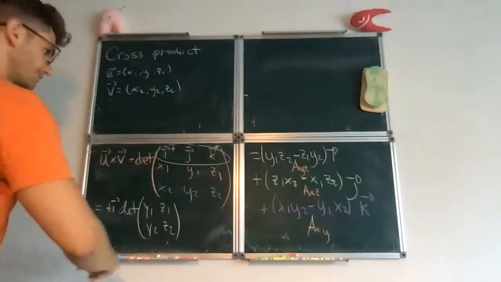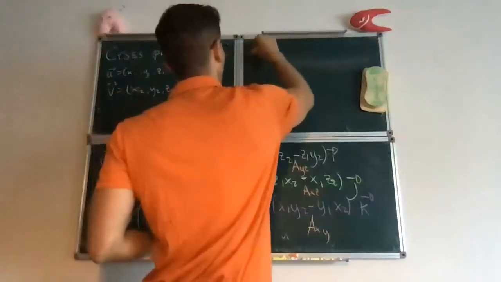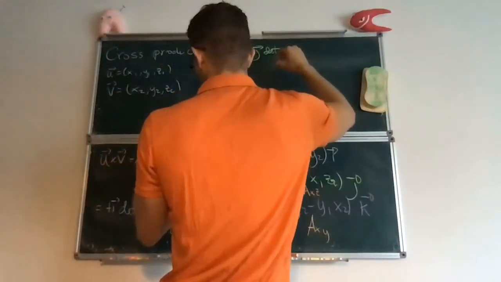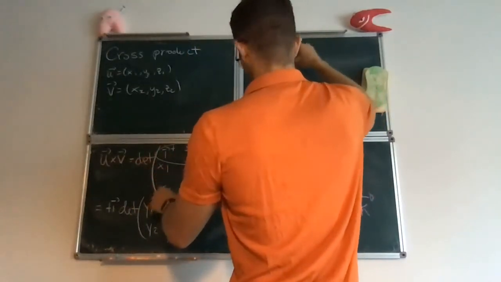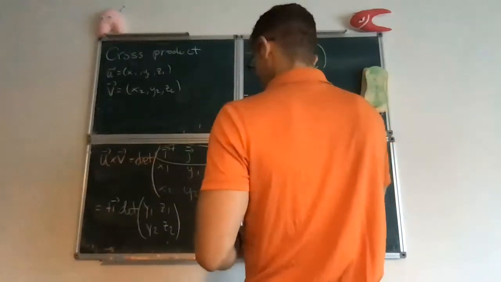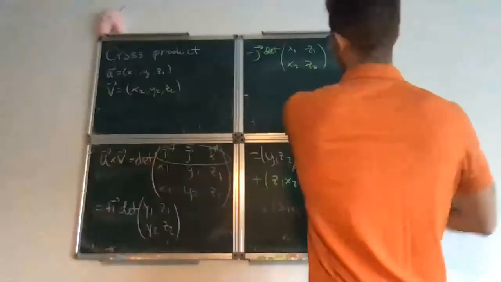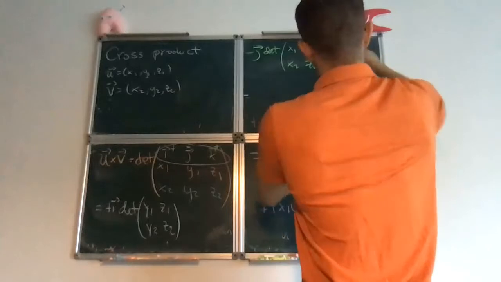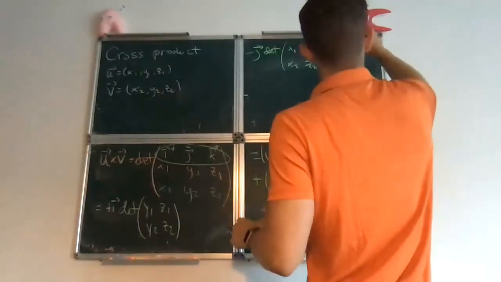Then minus j times a determinant. Remember, delete first row, second column now. Plus k times a determinant where you now delete first row, third column.